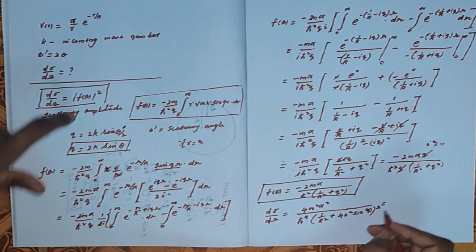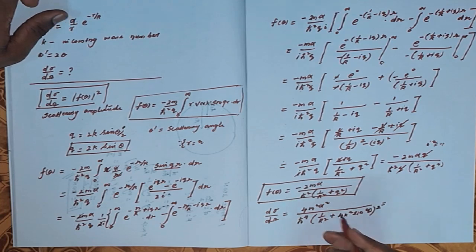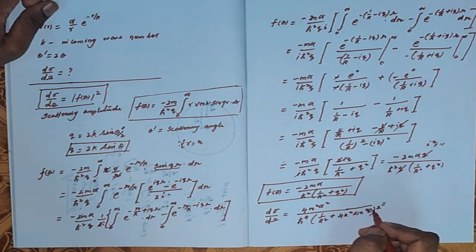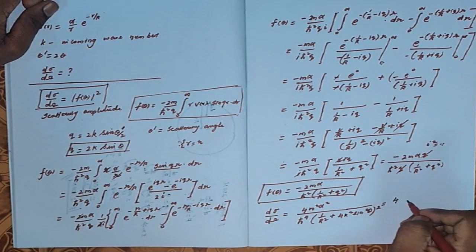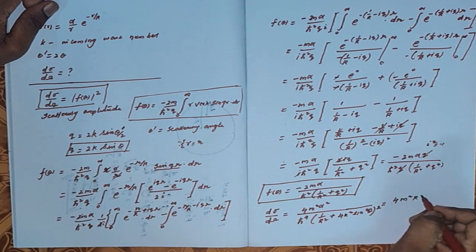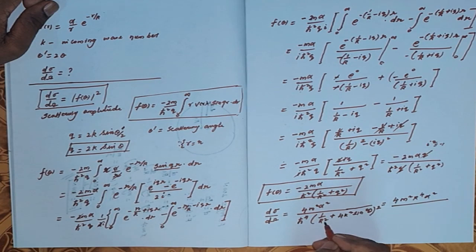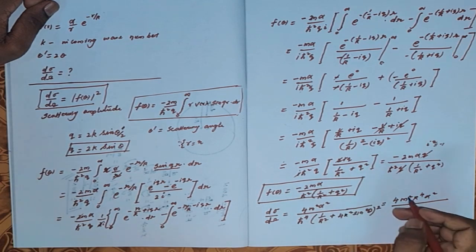So we square all the time, and the bracket also we get to square, whole square. If you cross multiply this and bring the r square to the numerator, it will give 4m square r power 4 alpha square, because the denominator, if you cross multiply, would be common r square. If you square it, it is r power 4, which comes to the numerator.